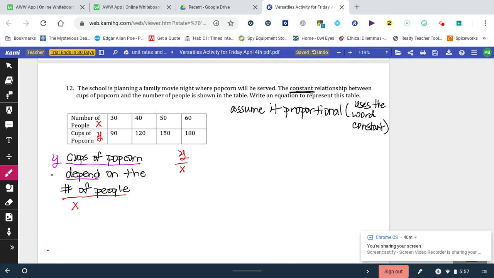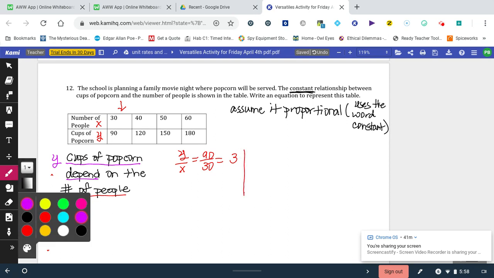For the first column, I'm going to do 90 divided by 30, which gives me 3. Basically, it's like 3 cups of popcorn per person. All right, and then we'll check the next one. So we have 120 divided by 40. I'm just going to cross these zeros out. It's just easier to do that way.